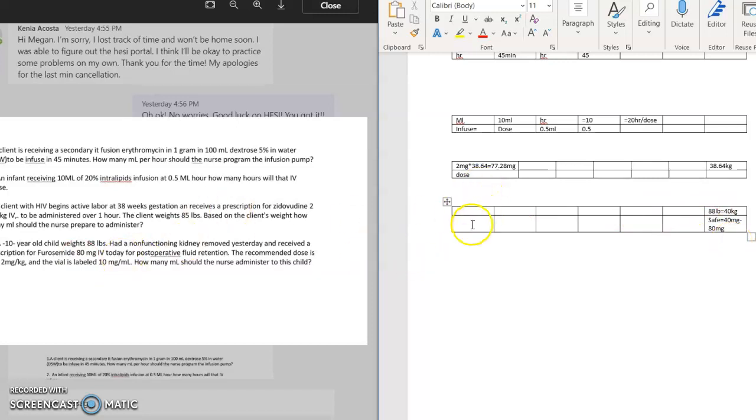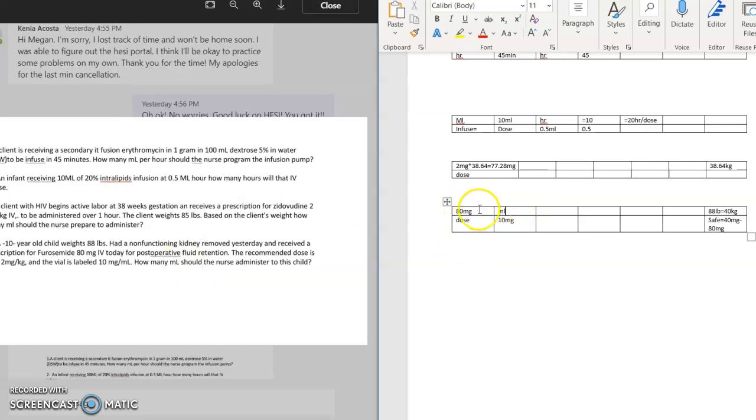So your order is 80 milligrams per dose, and what we have on hand is 10 milligrams per milliliter. So your 10 is going to go on the bottom, your milliliter on top, and it's asking how many milliliters should we administer. So that's what we're left with, milliliters per dose.